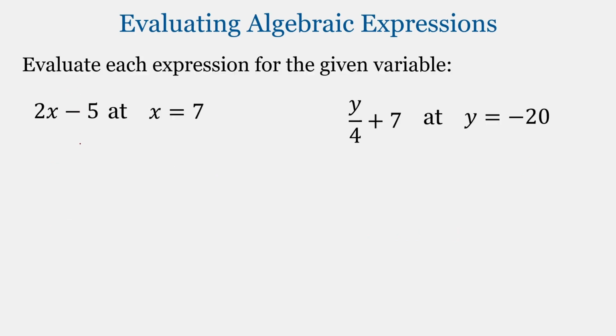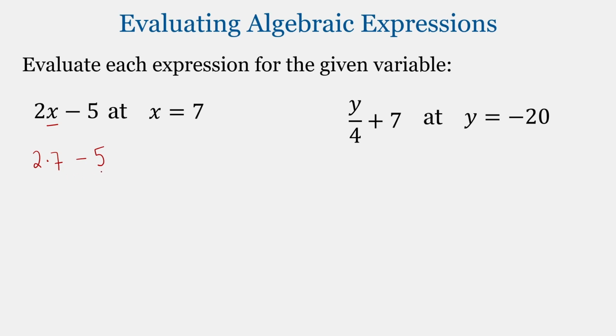Let's evaluate each of these expressions for the given variable. For the first problem, we have 2x minus 5, and we want to evaluate it at x equal to 7. So when x has the value of 7, wherever there is an x in this expression, we will replace it or substitute it with a 7. This is 2 times x, so now we have 2 times 7 minus 5.